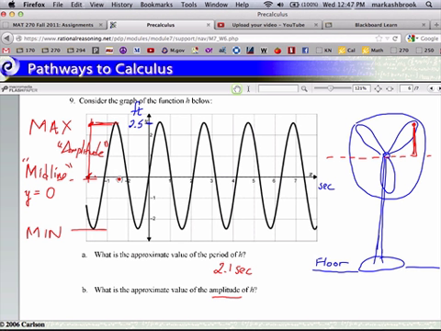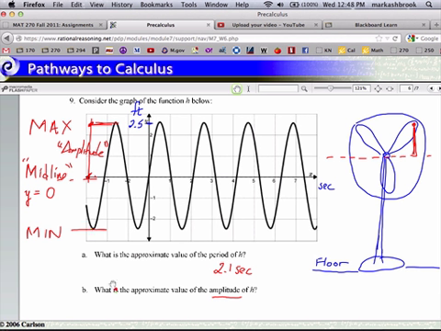That positive distance is the distance between the min and the midline. If you're just thinking of it as a distance, it's still a positive number. So the midline is a horizontal line, and amplitude is the distance up from the midline to the max or down to the min.